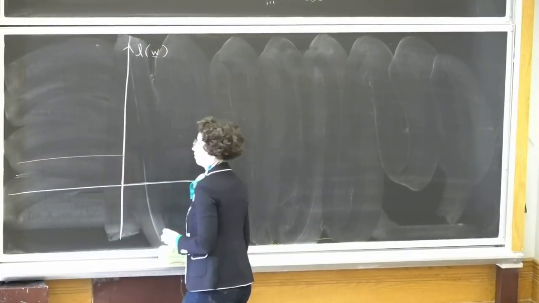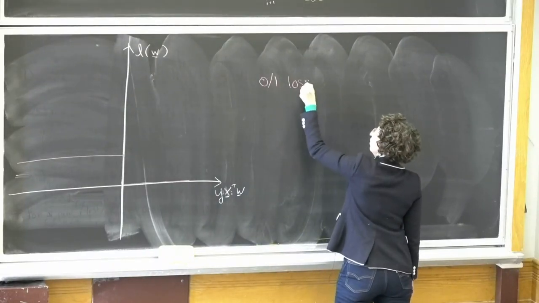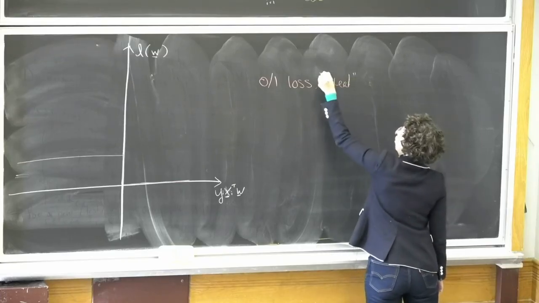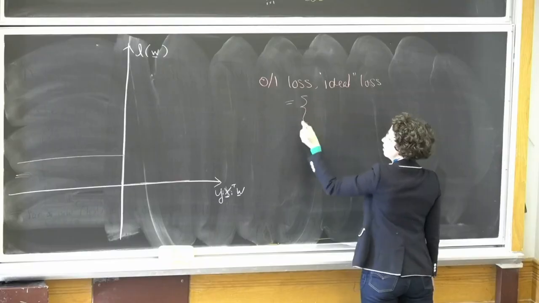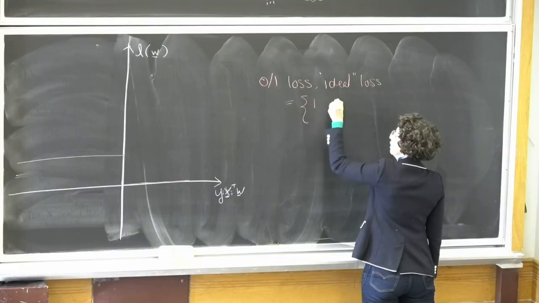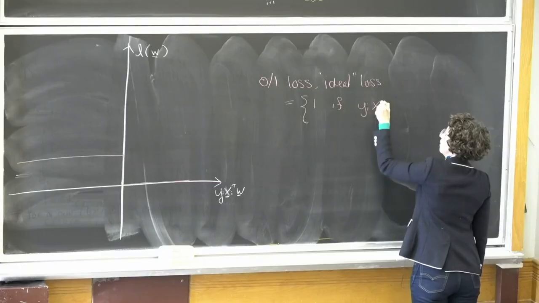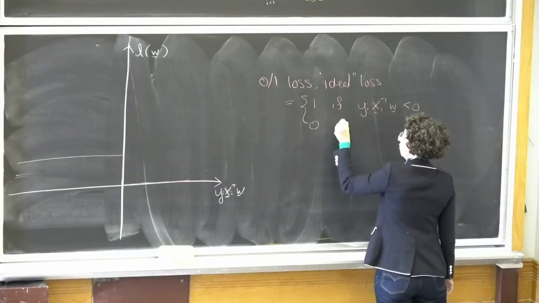So this is one loss function, and we're going to call this the 0-1 loss, or sometimes people will call it the ideal loss. This is just equal to 1 if this product, yi xi transpose w, is negative and 0 otherwise.